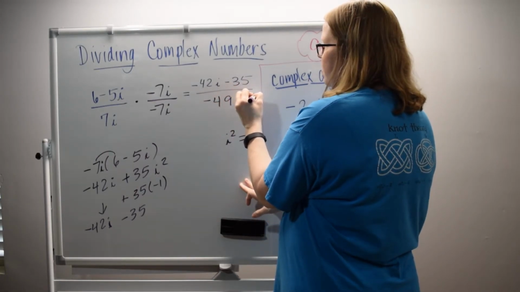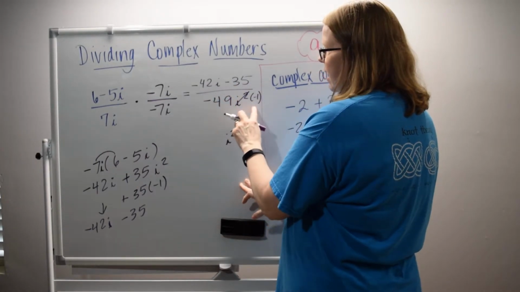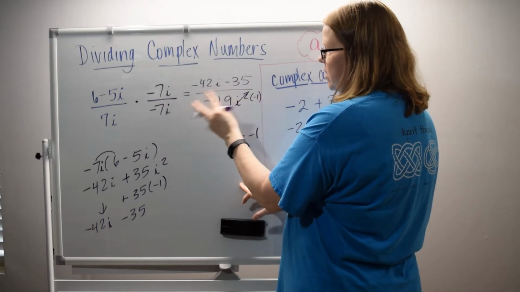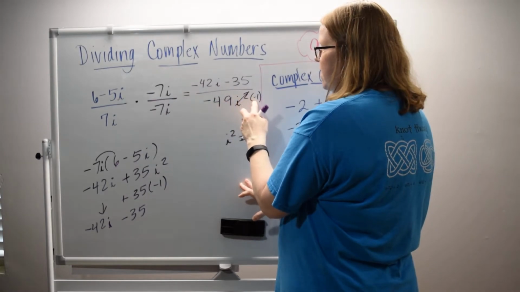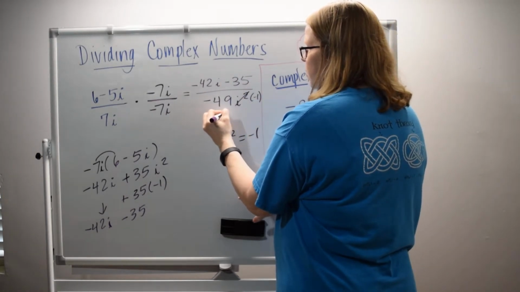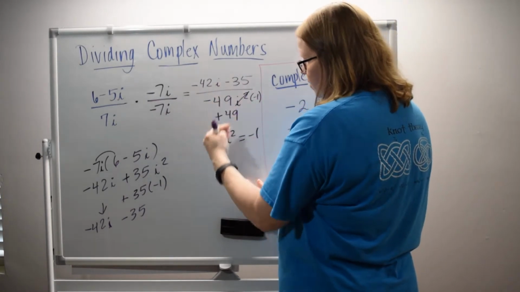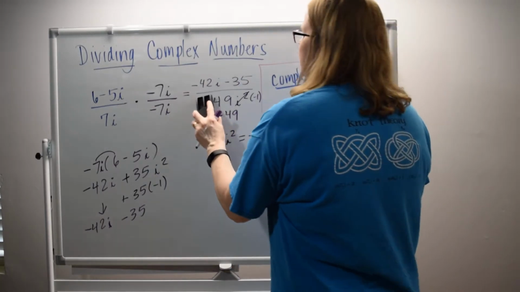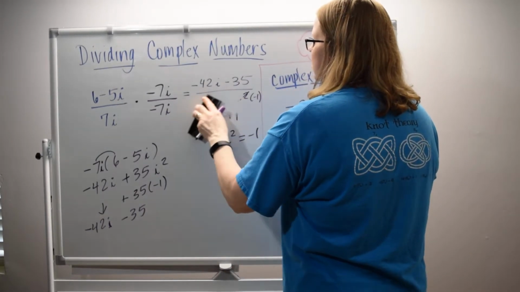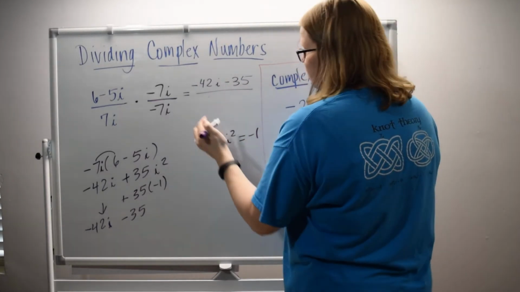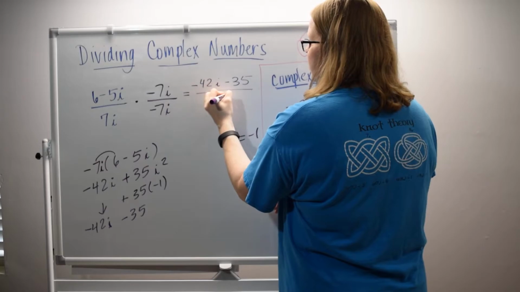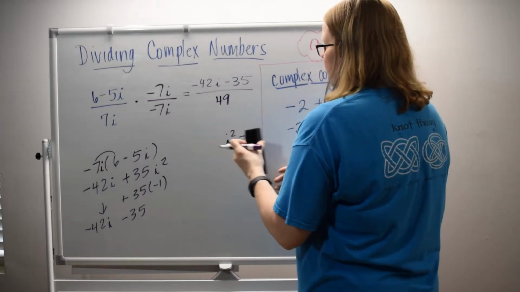So if I mark that out and change it to negative 1 in parentheses, because I want to remember that I'm multiplying these two things, negative times negative is a positive 49. So the bottom number here is 49. So let me clean this up so I'm not looking at all of it. I'm doing that for space. If I was on a piece of paper, I'd have lots of room and I'd have it spread out.